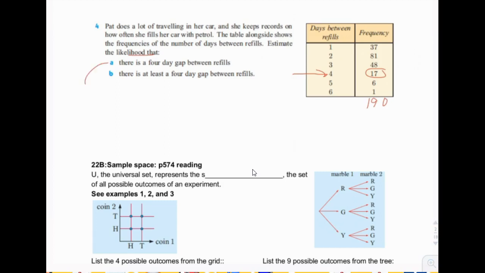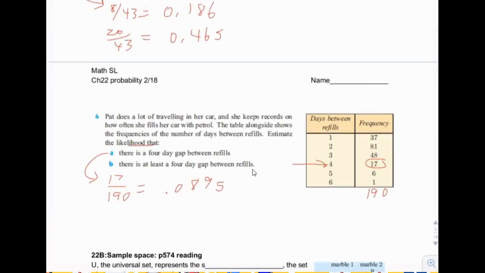So for A, we're going to say 17 divided by 190, which is 0.895. They didn't say how many significant figures to leave there, but I'll leave 3.